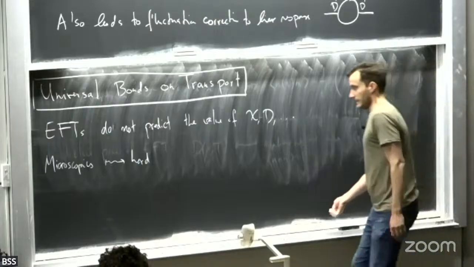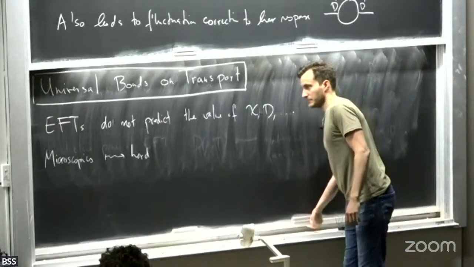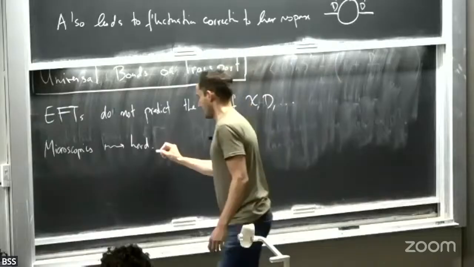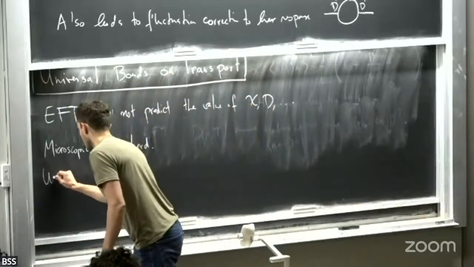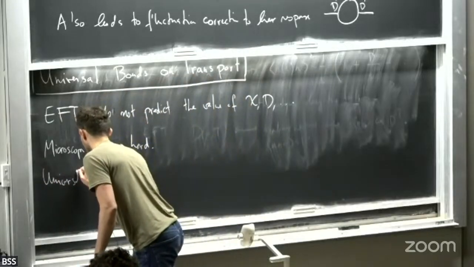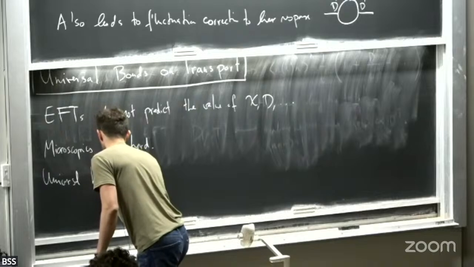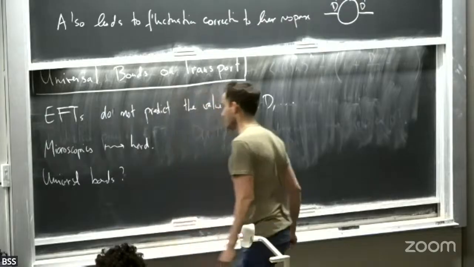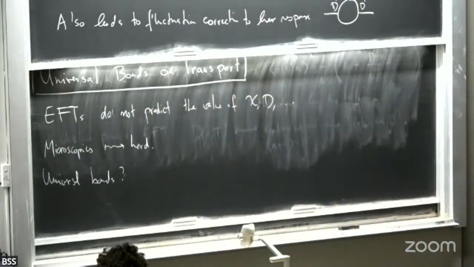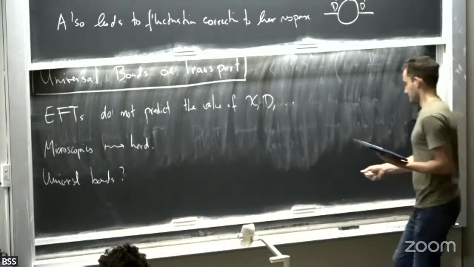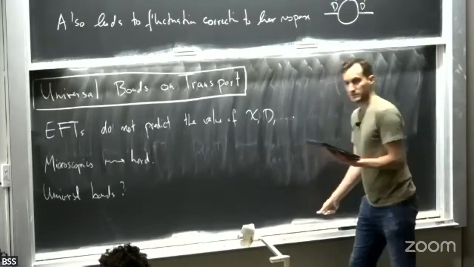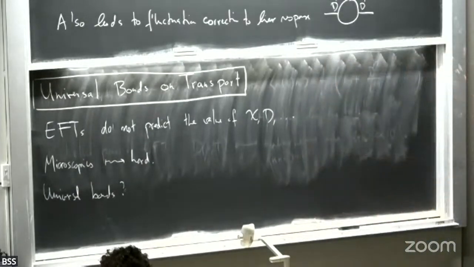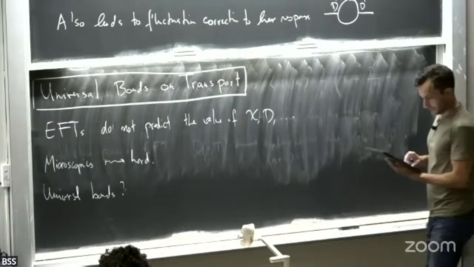So given that it's difficult, it might be nice if there are some universal bounds on these objects. Since we can't compute them, if there's a universal bound, following from general principles, that these objects must satisfy, that would be very useful.